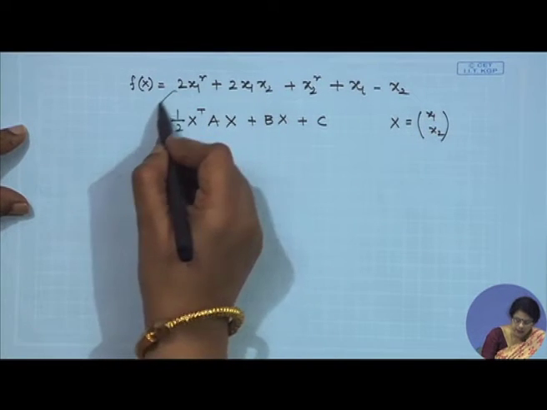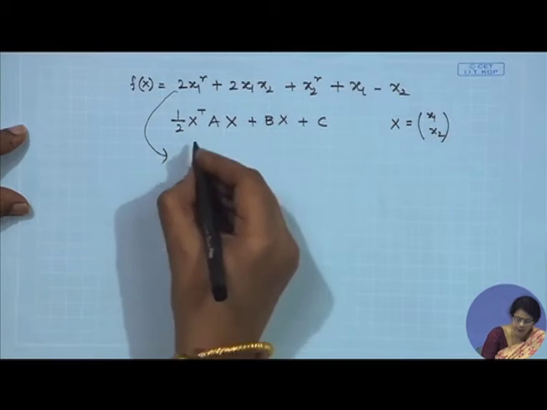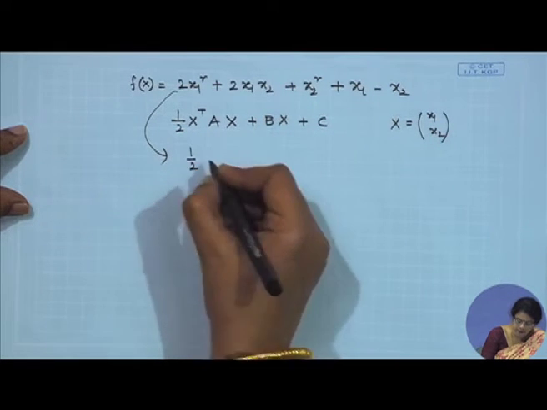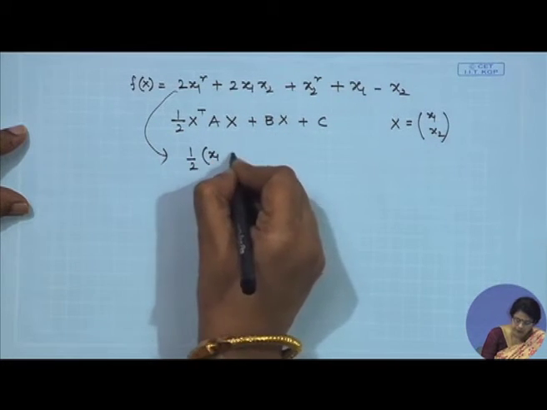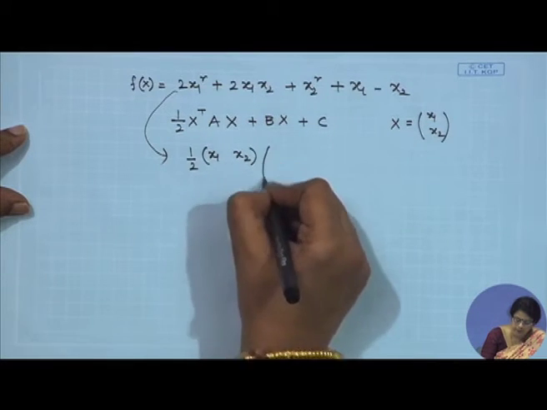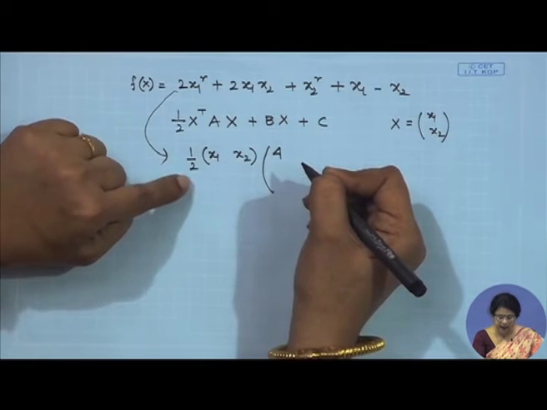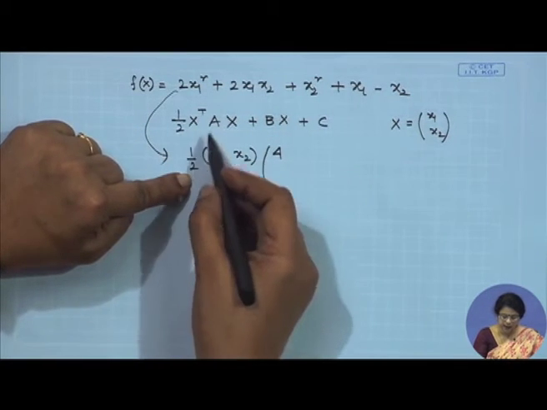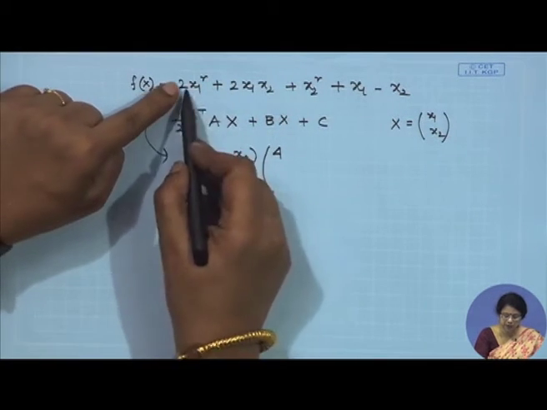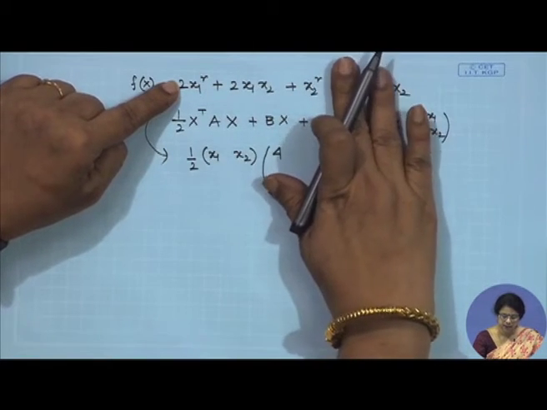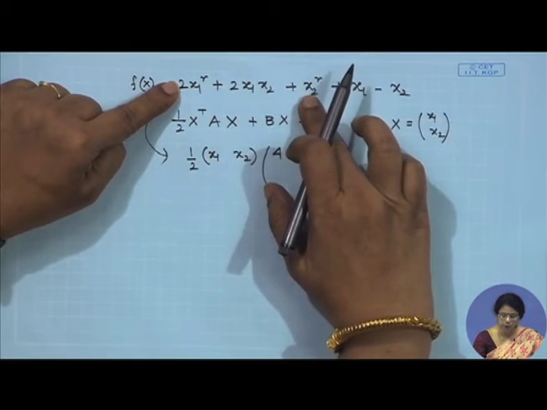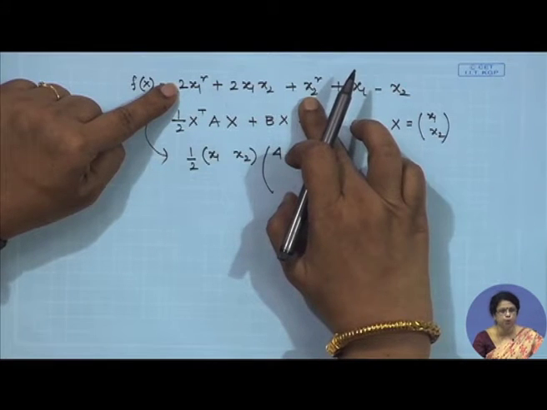Here the vector x has been considered as a two-dimensional vector in R2, x1 x2. That's why this function can be written in this form as 1 by 2 x1 x2. Since we have taken half here, the A can be constructed from these 3 components which are of degree 2.